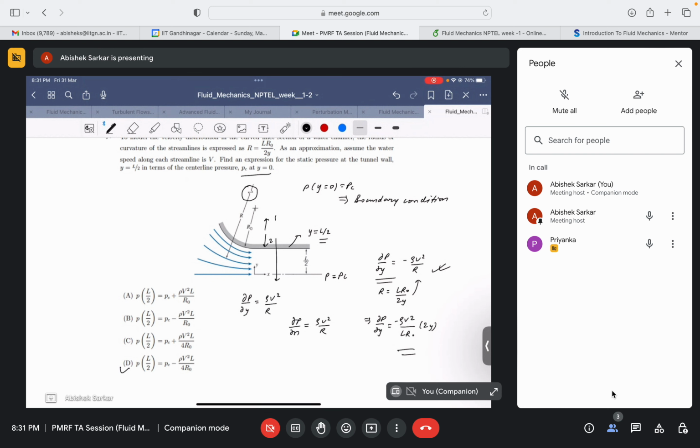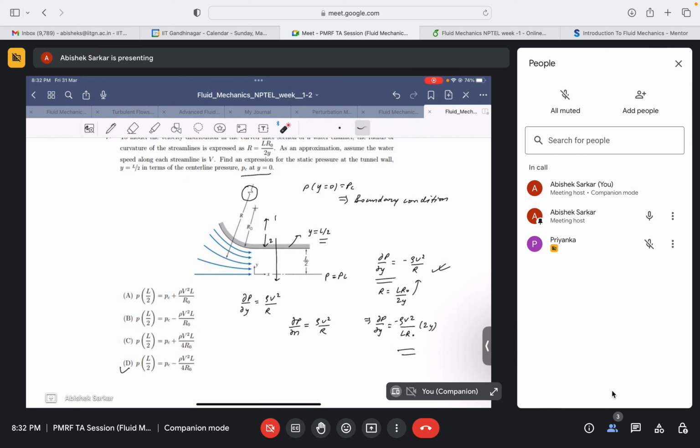Yes, sir. Yes, as at infinity. Okay, so that's a very important assumption here. And here, just to show the curvature of the streamline, they have exaggerated the curvature. Here r₀ represents the radius of curvature of this pipe, not the streamlines.